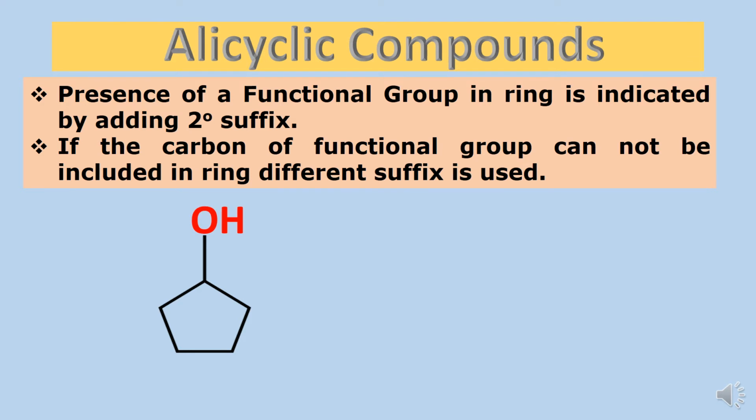If the ring contains a functional group as shown in this figure, then the name of the functional group is indicated by adding a secondary suffix or secondary prefix, as we have discussed under the topic of functional groups. For example, here you can see this ring contains a hydroxy group. The name of this compound would be cyclopentanol.